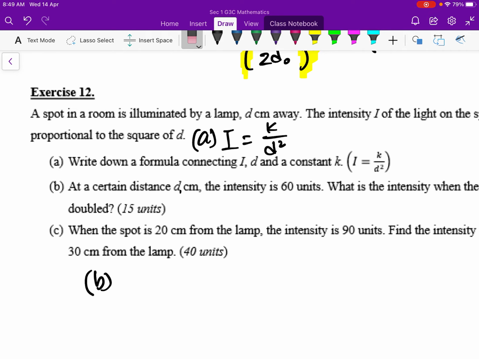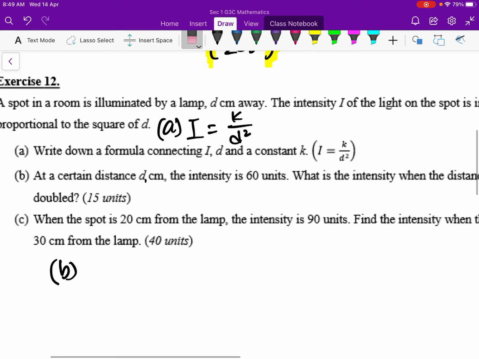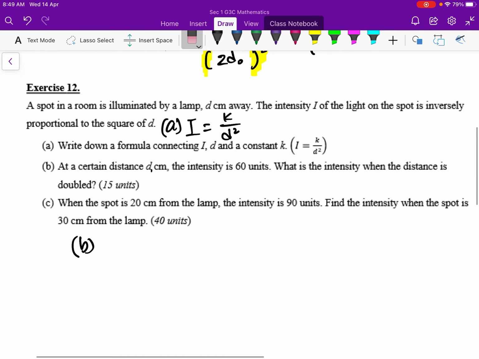Now the intensity is 60. So since I call this d1, then this will be I1. Okay, so that they form a pair. What is the intensity when the distance is now doubled? Okay, so let's substitute them into the formula. I1, which is given to be 60, is equal to k over d1 squared.